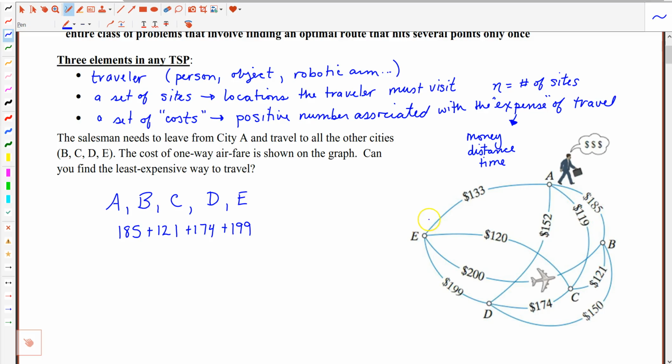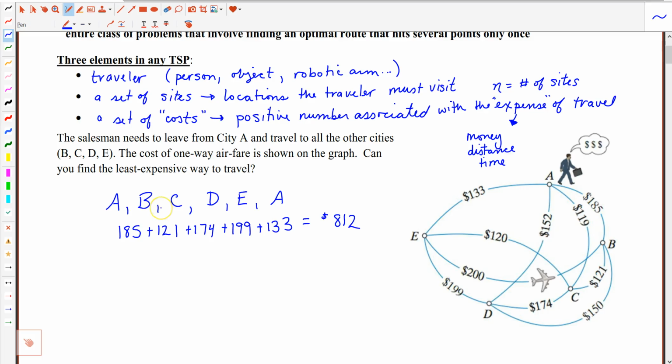And then after E, he's going to have to return back home, which would be $133. So if that is the way he's going to get to all the other cities and then get back home, then the overall cost of this trip to my traveler would be $812.